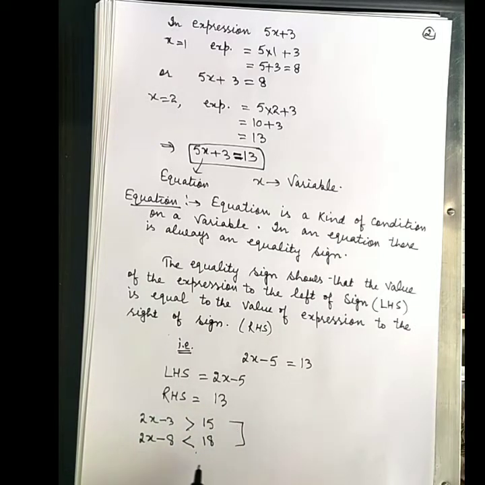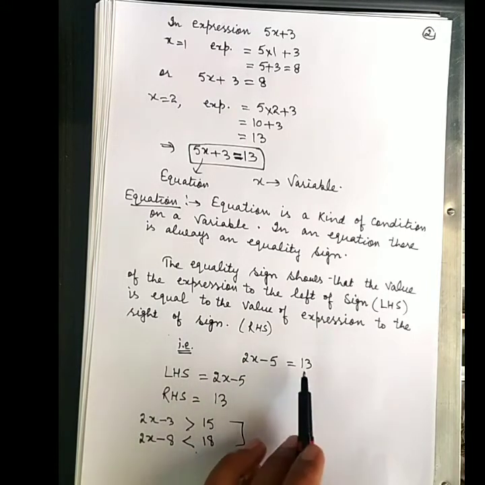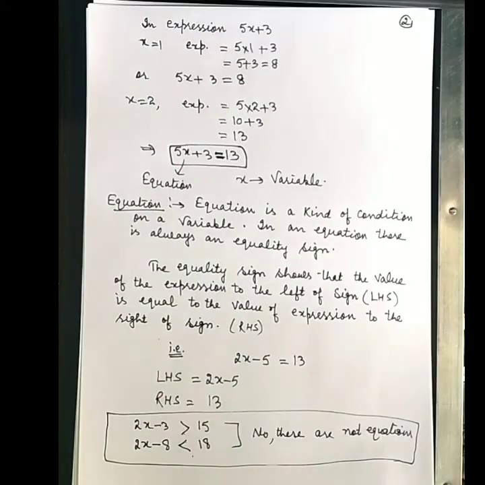Therefore these are not equations. Is it clear? Only if the equality sign occurs will it be an equation. Remember these things. If greater than sign or less than sign occurs, then these are not equations.